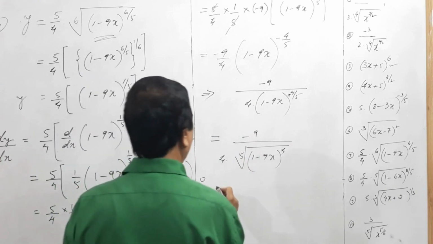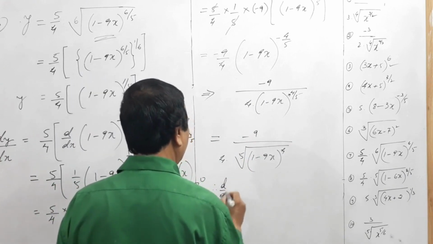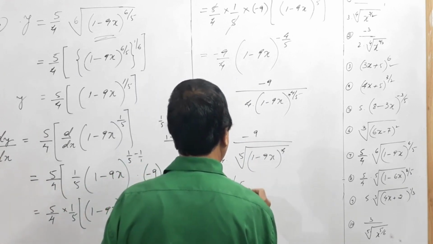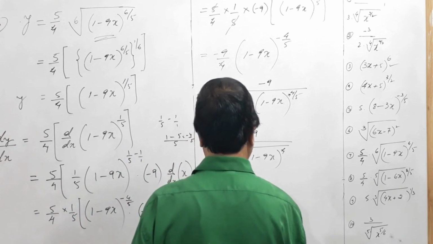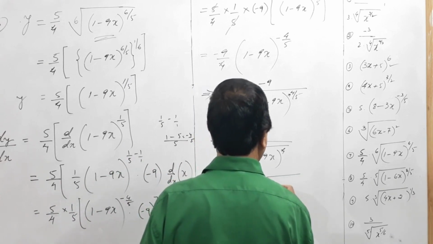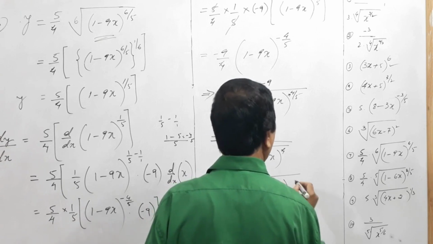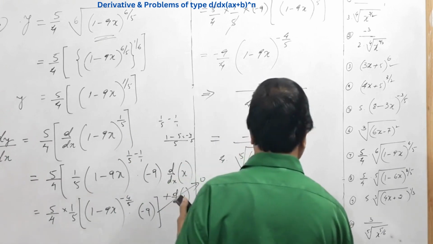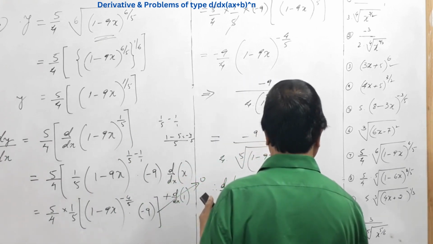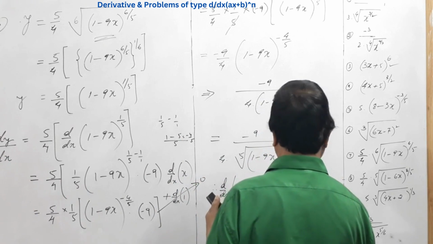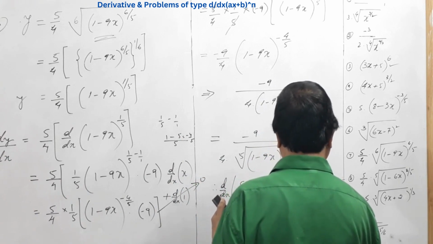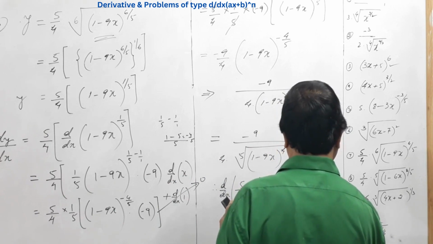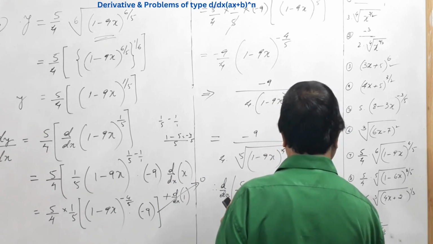Therefore d by dx of 5 by 4 sixth root of 1 minus 9x to the power of 6 by 5 equals minus 9 by 4 into fifth root of 1 minus 9x to the power 4.